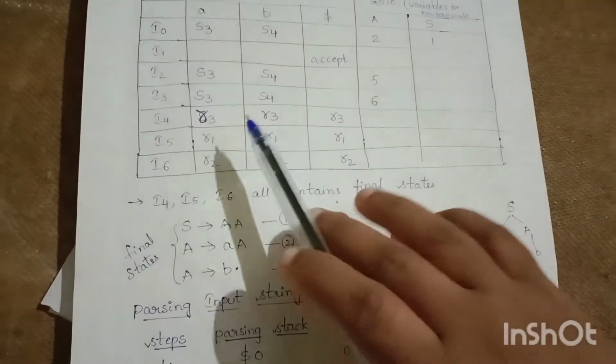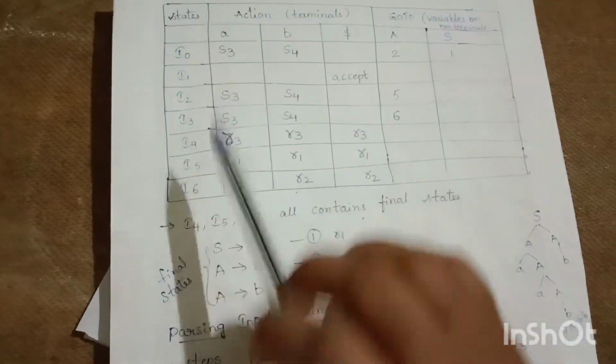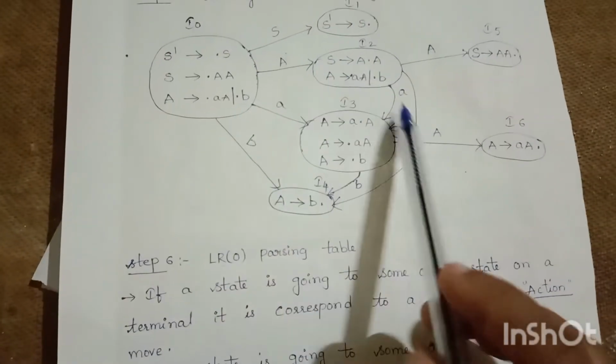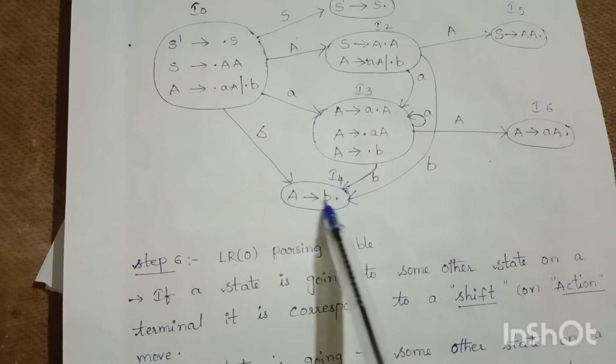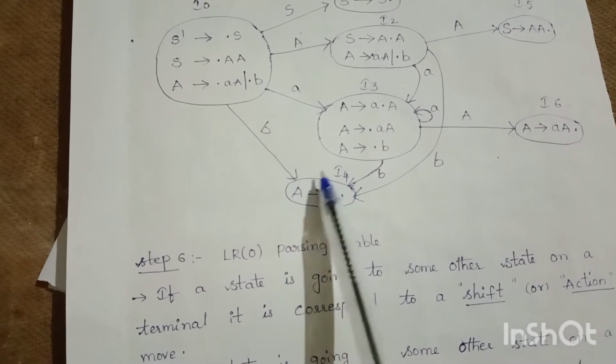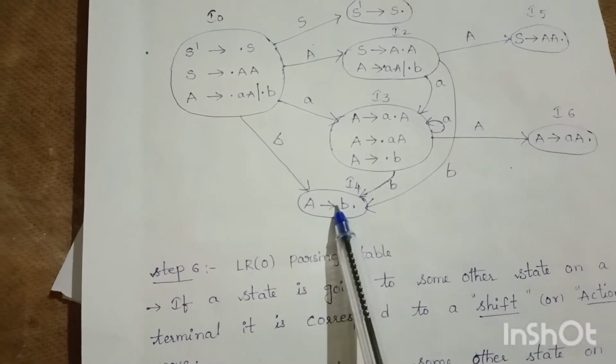So with the help of this, after drawing this, we need to construct the table. Shift you understood, right? Now see here, I4 on a. It is the last state, where it is not moving to any other state. That means here we can perform the reduce operation.